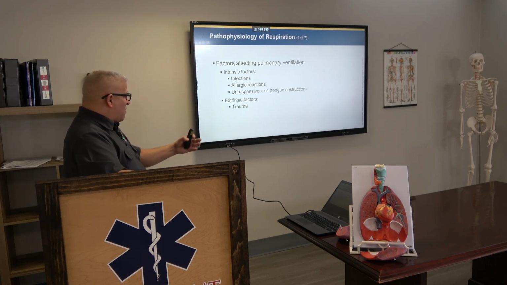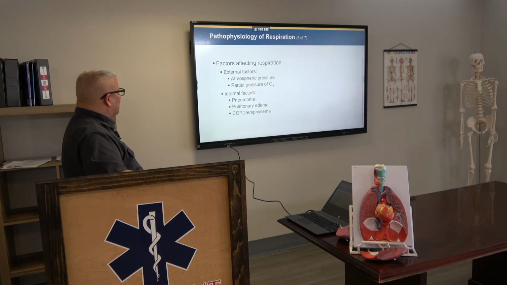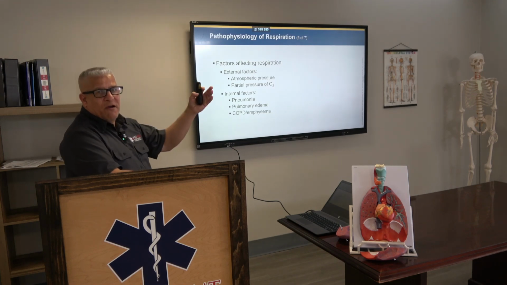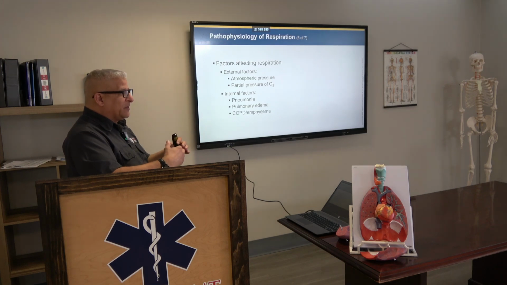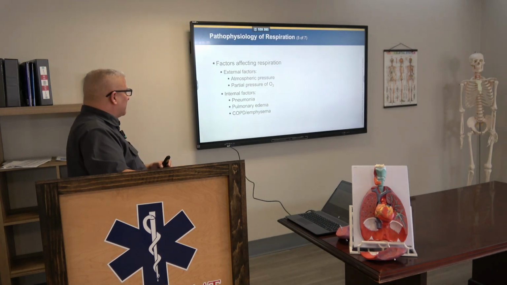Extrinsic, outside of the body, is usually trauma. So atmospheric change in pressure. If you went from here to, say, Colorado, the air is much thinner, so that's going to affect our ability to have good respirations.